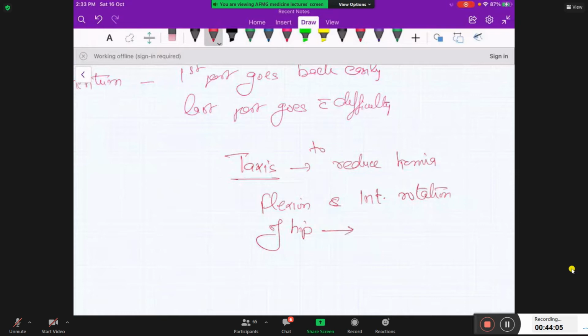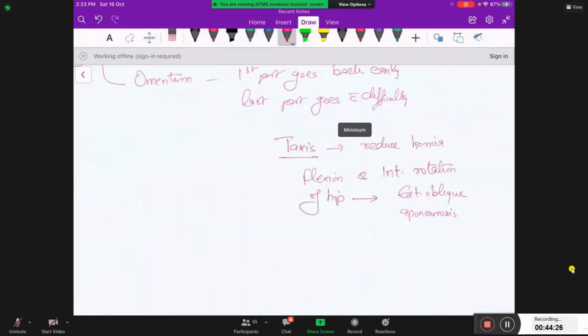And once you do this, there was a question asked: in a PLSS maneuver, which muscle gets relaxed so that the hernia reduction becomes easier? It relaxes the external oblique aponeurosis.